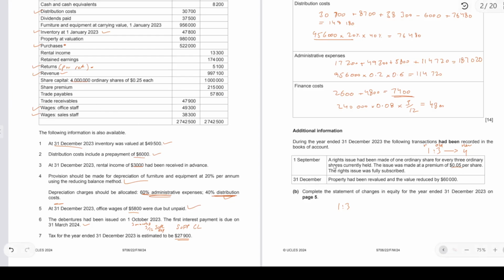Okay. If you just want to know the rights issue, what you would do is 4 million divided by 4, because in ratio, this 4 million represents after, right? So it can be divided by 4 to get the number of shares before the rights issue, which is going to be 3 if you multiply that by 3, or if you multiply that by 1, you will get the rights issue itself.